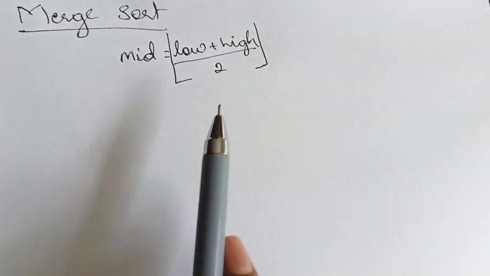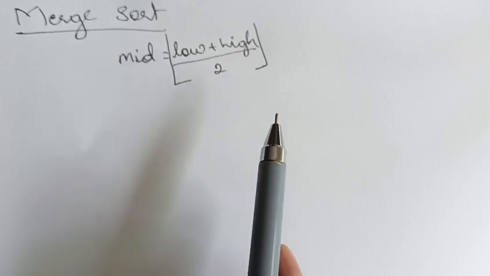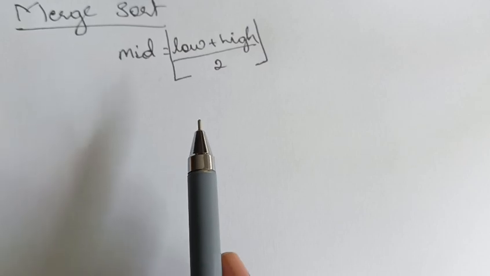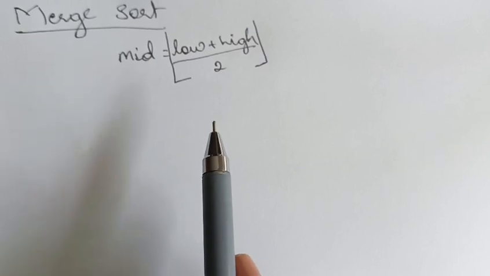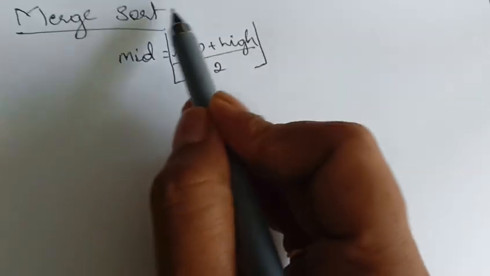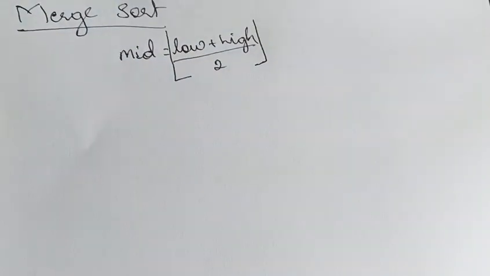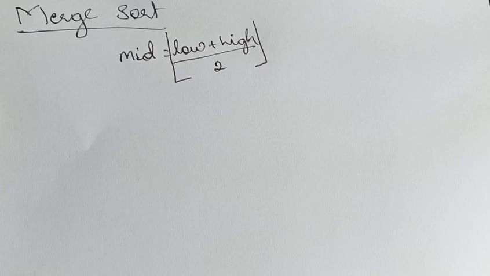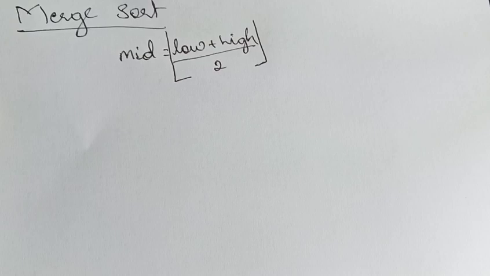For example, 5 divided by 2 is 2.5. Flooring means you go back, so the answer will be rounded off to 2. If I use the ceiling function, 2.5 goes to the next whole number, that is 3. But here we are using the flooring function.